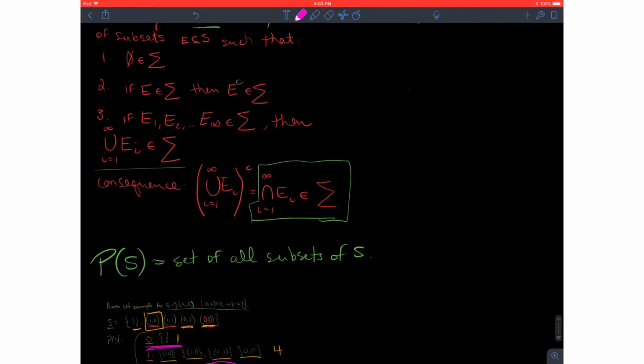Now, the third definition is that if we have a countably infinite number of sets which are in the sigma algebra, then their infinite union is also in the sigma algebra. The reason why we need infinity here usually is because we're developing a mathematical framework to calculate probabilities, and some distributions have an infinite range, or an infinite domain.